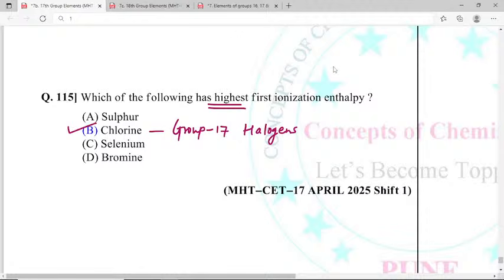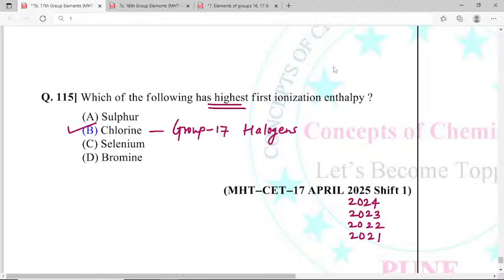This question came in 2025, 2024, 2023, 2022, 2021. So many times questions are repeated.